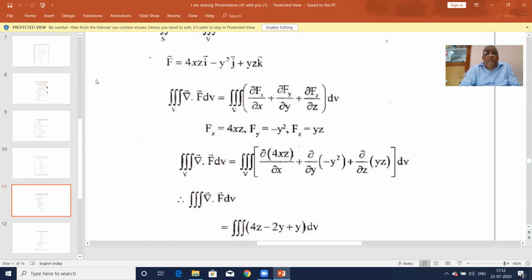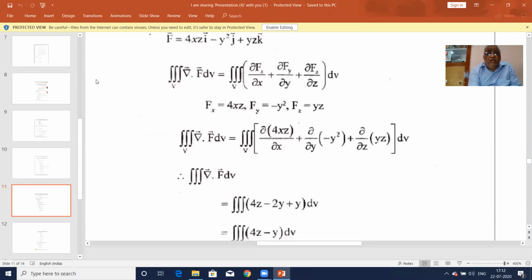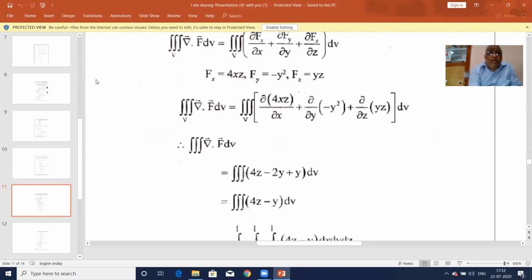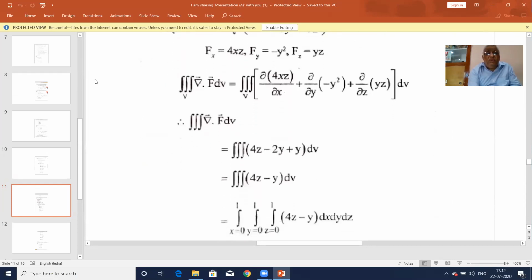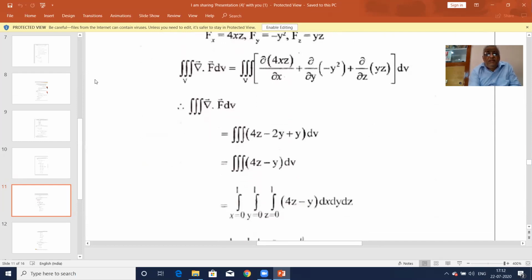Fx value you know, Fy value you know, Fz components you know. Substitute those values and get the triple integral of 4z minus 2y plus y dV. It is given as 4z minus 2y plus y, which becomes minus y. Integrate under the limits 0 to 1.